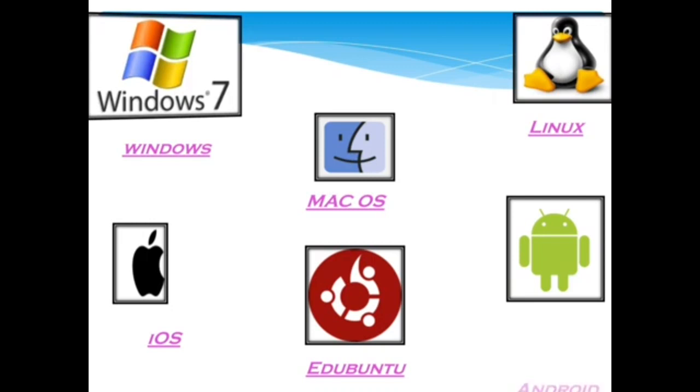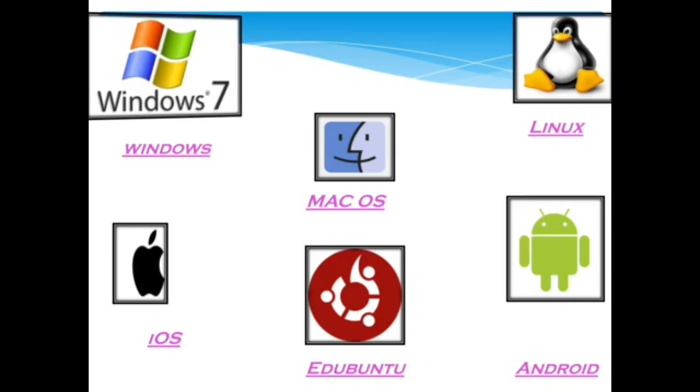Yes, that is Android OS. This is a small OS which we are using in our mobiles. So mobiles also have an operating system. Without this operating system, mobile will not work.